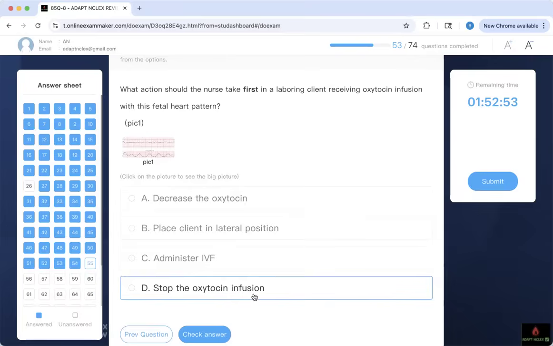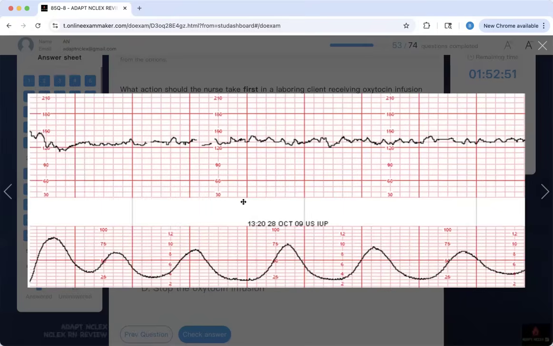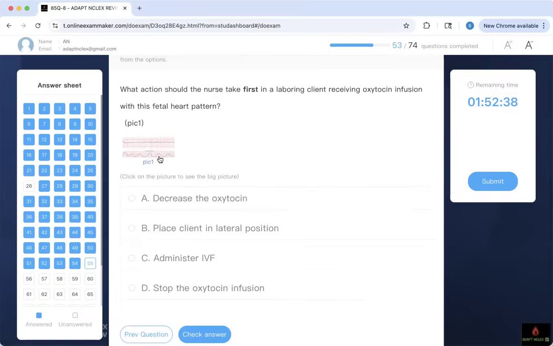What do you think? The best way to read them, always look at the maternal one. You should see 5. Anything above 5 is tachysystole. If it's more than 5, stop the Pitocin. This is tachysystole. Stop the Pitocin.